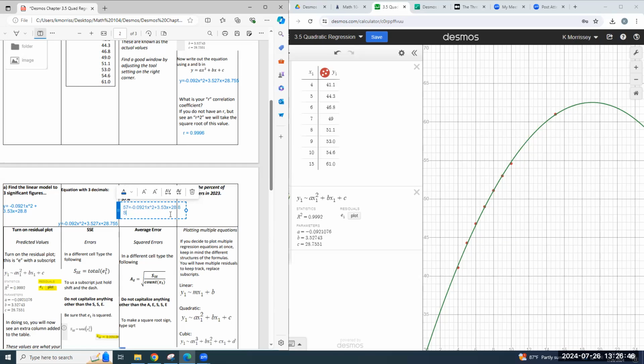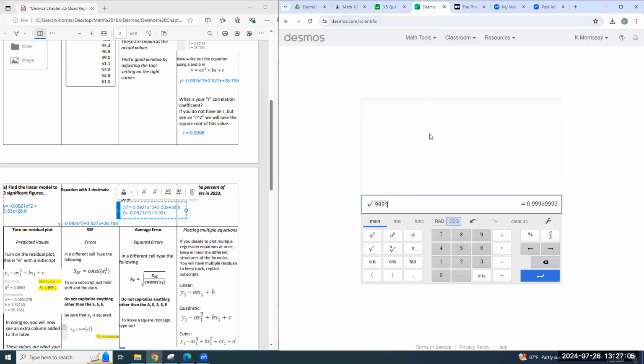So we can say subtract. So we'll have 0 on one side, negative 0.0921 x squared plus 3.53 x plus, actually it'll be minus, so let's go ahead and subtract those values, 28.2 minus 57.